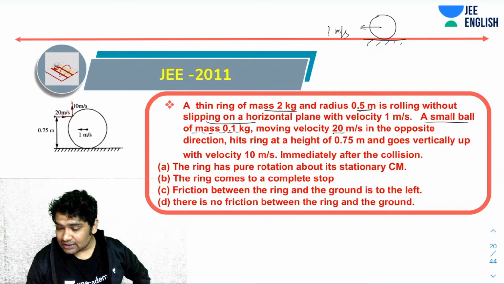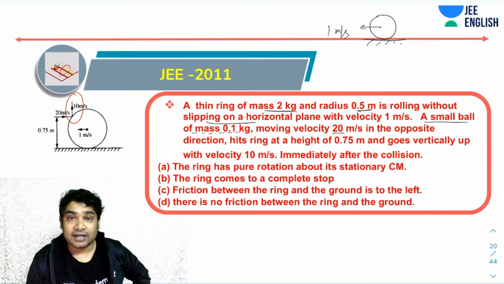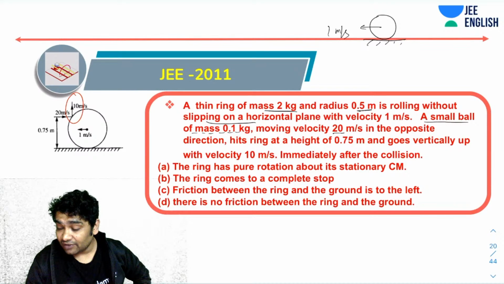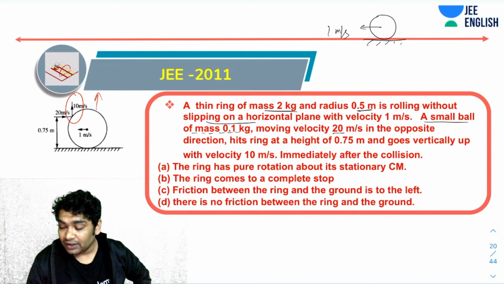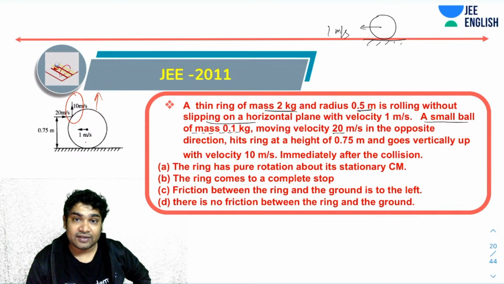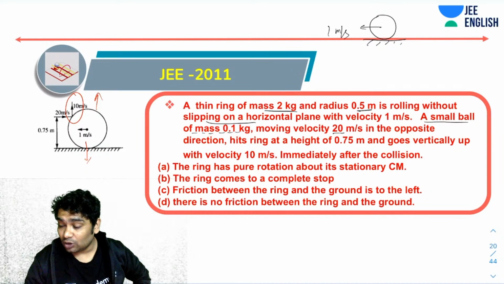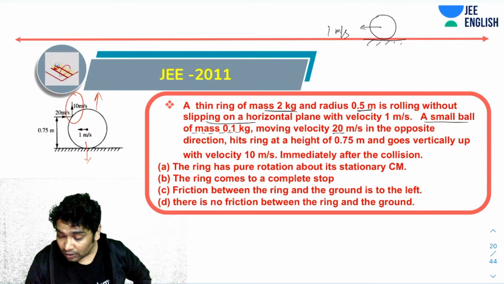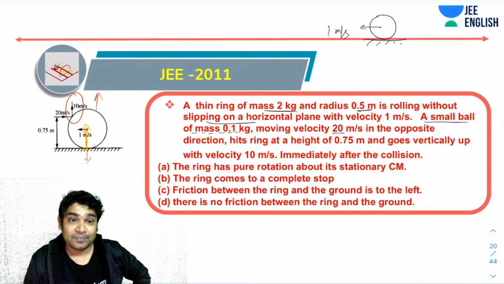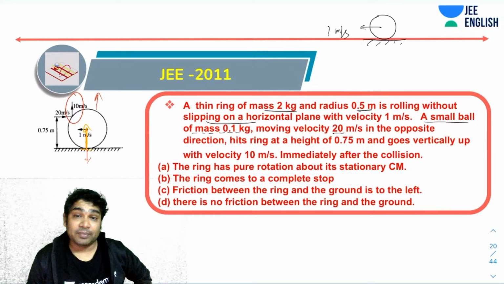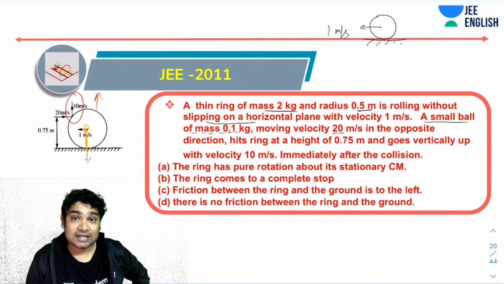In this kind of case, the ball is getting a momentum in this direction, so the ball received an impulse in the j direction, which will mean that the ring will also receive an impulse like this, which would imply that the normal reaction between the ring and the ground would have become impulsive during the collision. If the normal reaction becomes impulsive, then you must realize that the friction also becomes impulsive.